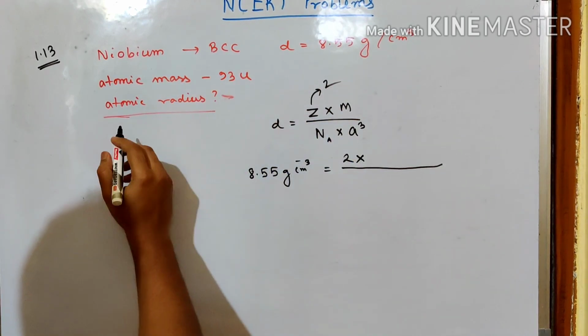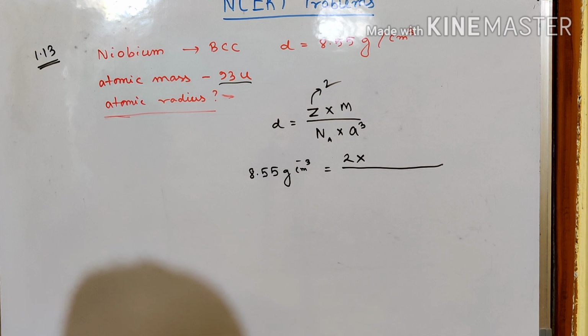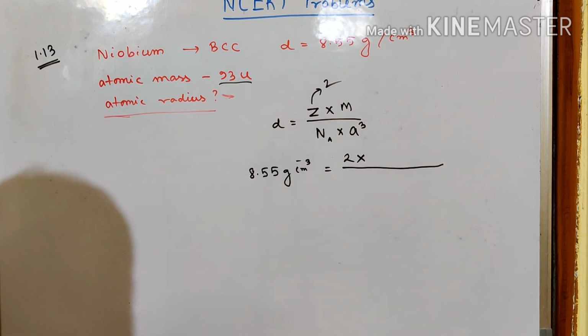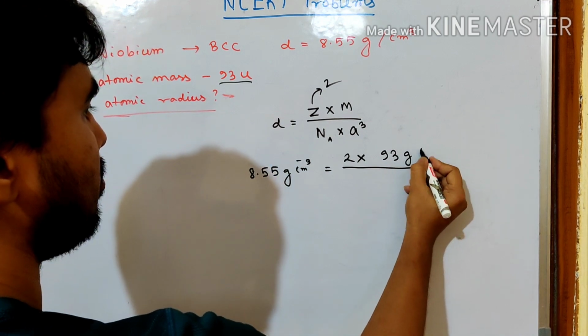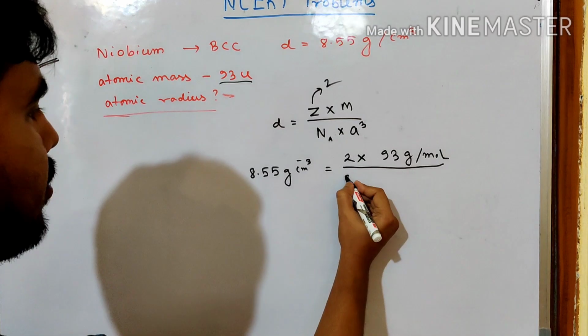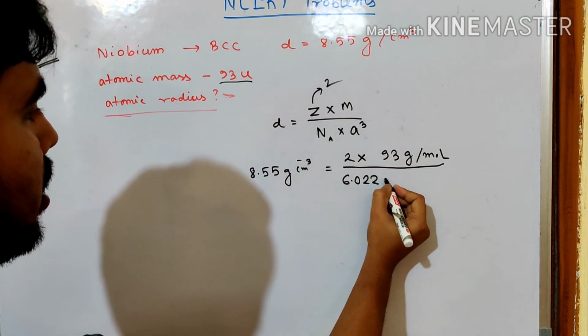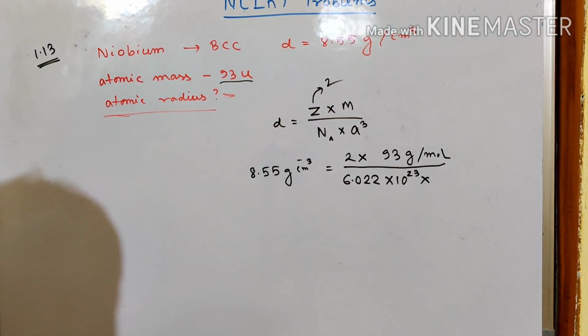M is given as 93 U, so we can write in our convenient way, 93 gram per mole, right? NA, that is Avogadro number, 6.022 into 10 to the power 23 into A cube.